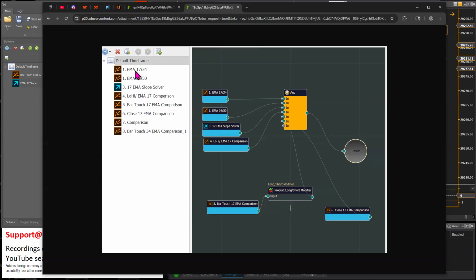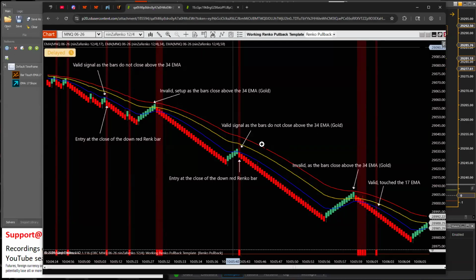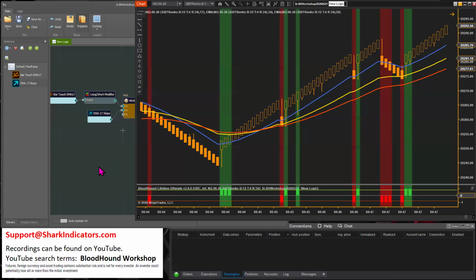We're making sure that the moving averages are stacked in the correct direction, very common for these types of Renko systems. So let's do that as well. That's one way that we can eliminate this short signal here and that short signal there.